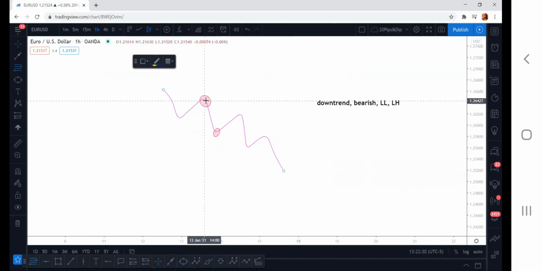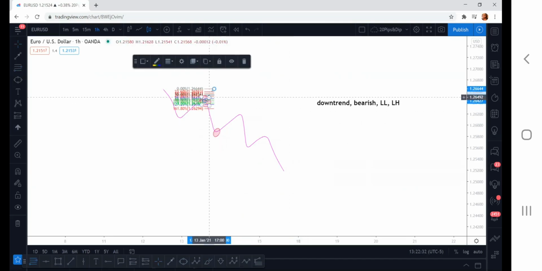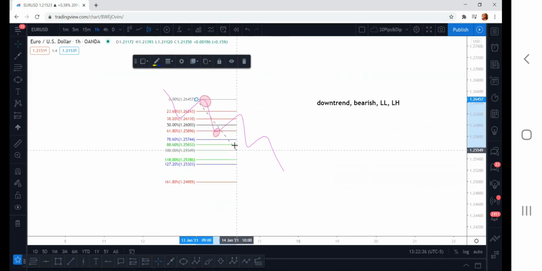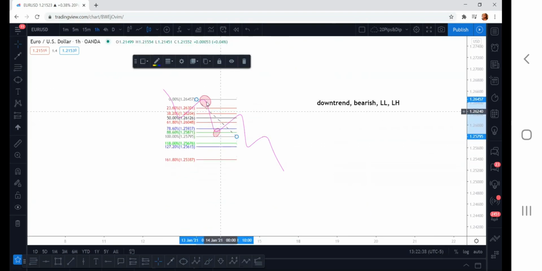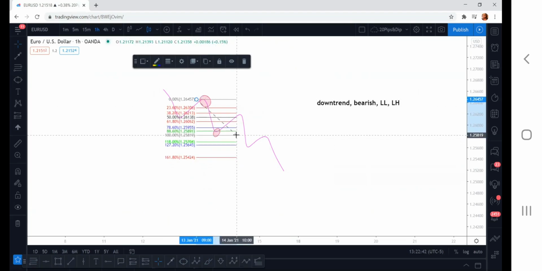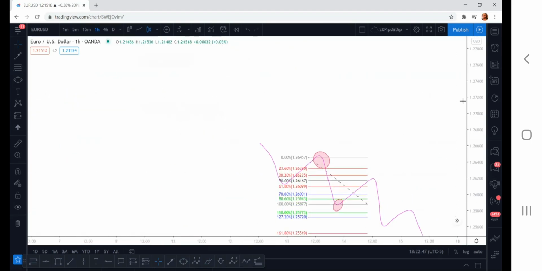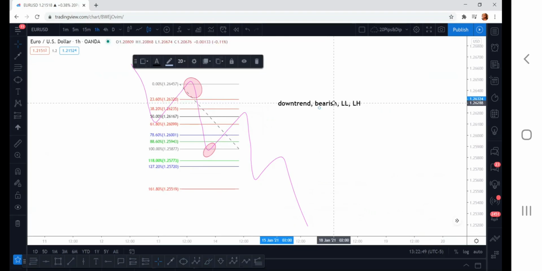You're going to pull your Fib tool from the high to the low, and you're going to line up the 0 to 100% with this move, with the swing. You're going to see it in live market. I'm going to show you.